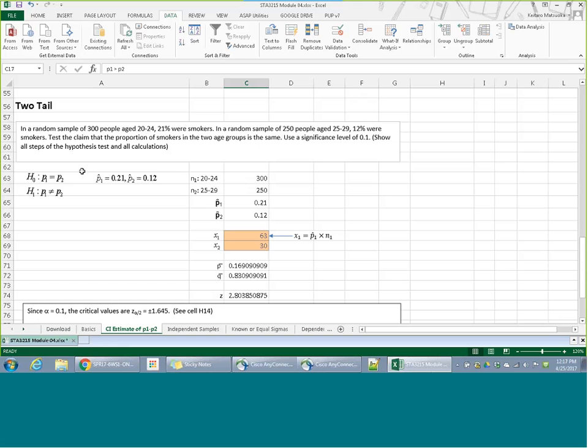So if I summarize this, here's what it says. Proportion 1 is the same as proportion 2, and the alternative would be that proportion 1 is not the same as proportion 2, because it doesn't say anything about greater or less than, it just says the proportions are the same. Implies that they're either the same or not the same. So that makes it two-tailed. Proportion 1 is 21%, proportion 2 is 12%.